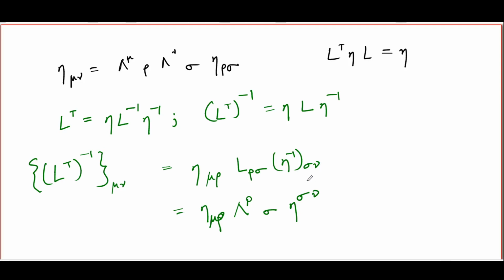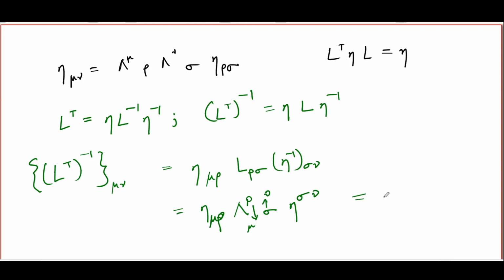Now, we use a standard convention that the η is used to lower indices. You contract with η, the index gets lowered. So this ρ index gets lowered and changed to μ. Whereas the upper index η inverse actually raises indices. So here the σ index, which is contracted over, is actually raised and changed to ν.